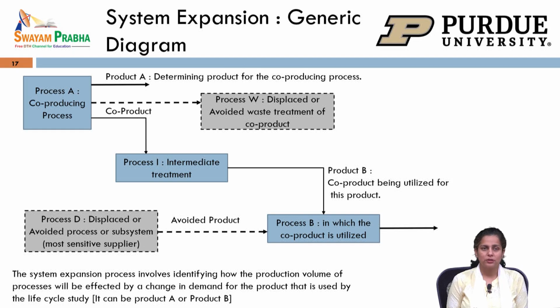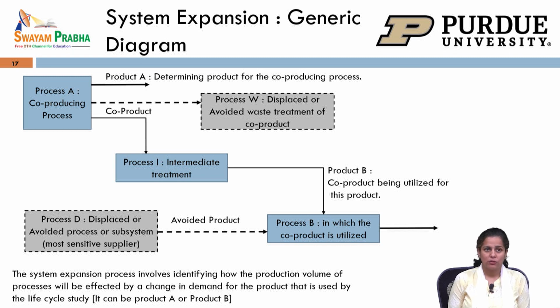So, here what we will do is we will give the process W, which is the displaced one, to product A. Intermediate treatment is also going to be given to product A, because without that your product A will not be able to discard your product waste, which is the co-product.